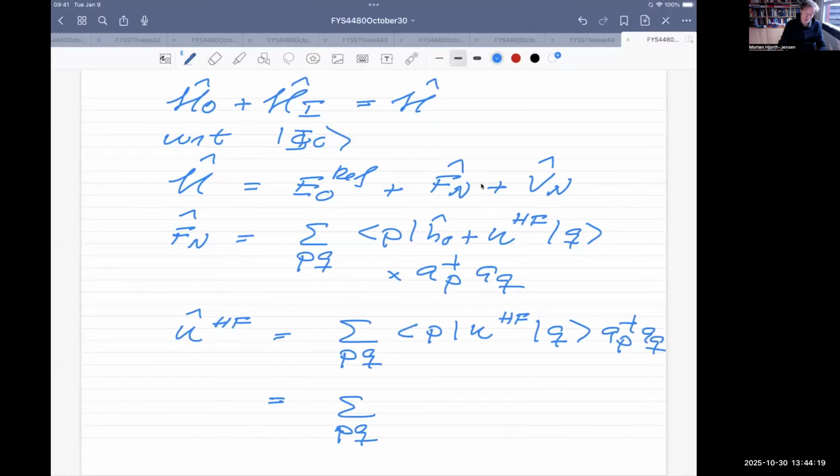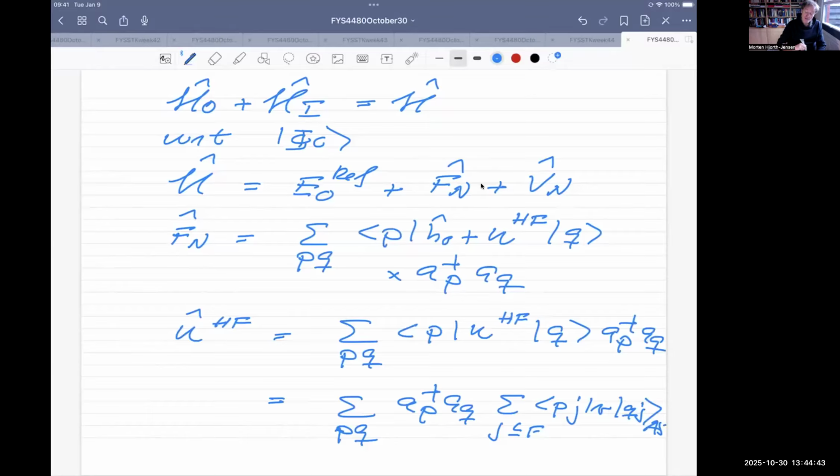And then I have my operator a_p† a_q, and then it contains a summation over the states below the Fermi level, and then I have my ⟨pj|v|qj⟩ anti-symmetrized. So this is a term which we now have to look at more closely.